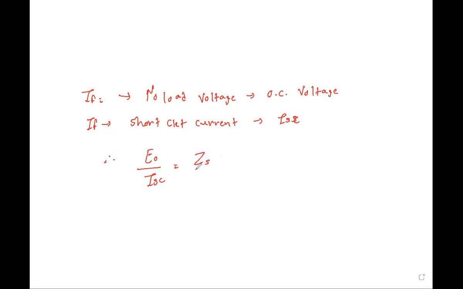Okay, so now I have the ZS. Another equation of ZS is RA plus jXS. RA is my armature resistance. How can we find the armature resistance? Simply by giving the DC supply, which we already found. Now I want to find XS. So let me take the square. ZS square is equal to RA square plus XS square.